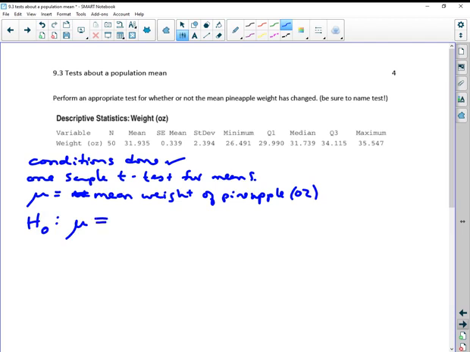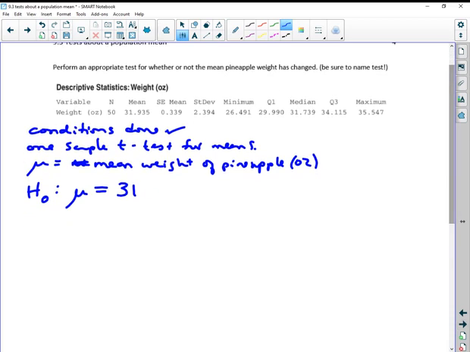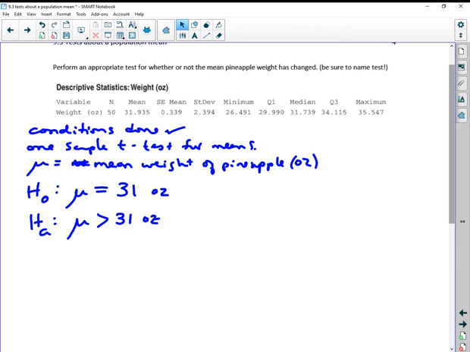Hypotheses. The former pineapples were at 31 ounces. And so we are seeing if our alternative is going above 31 ounces? We only care about that? Or is that what they said actually? No, they said in the problem that they wanted my pineapples to just be different from the past.